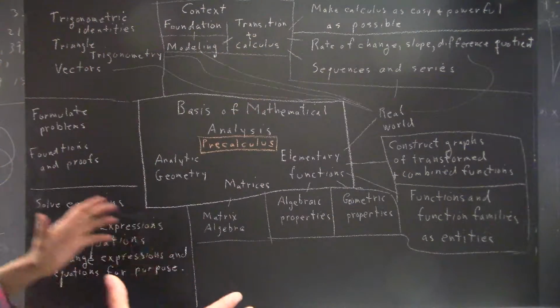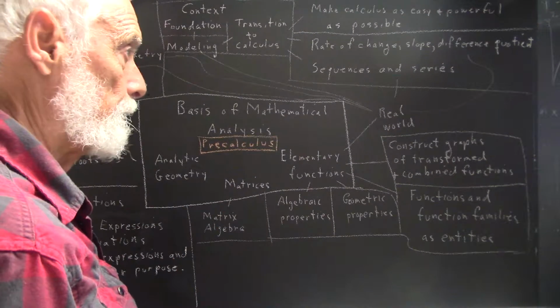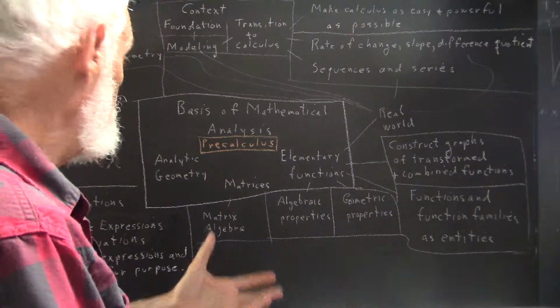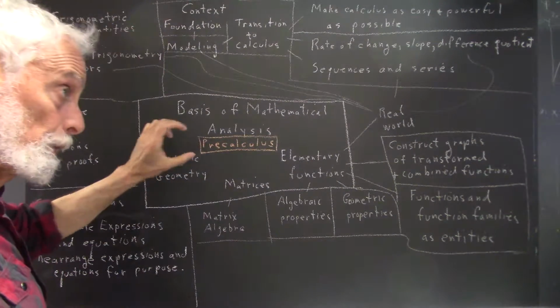You really get into sequences and series late in the first year calculus sequence, and they become extraordinarily powerful as you move into the higher mathematics. And they're also important for modeling just at the precalculus level.